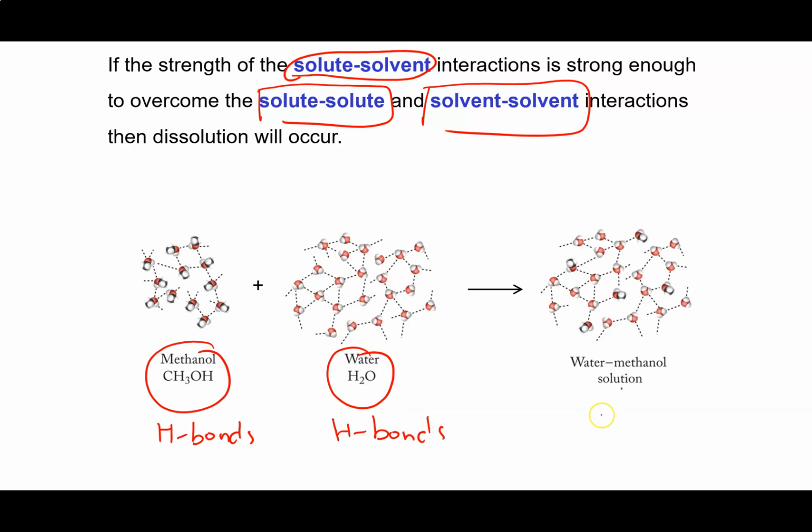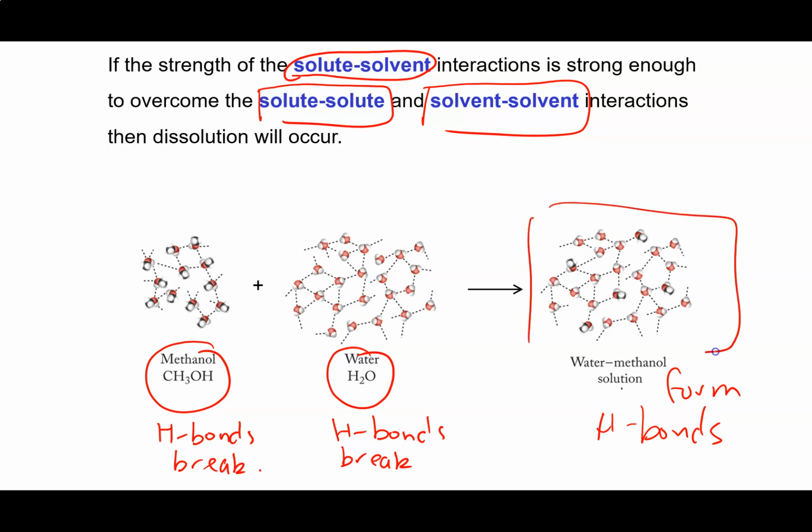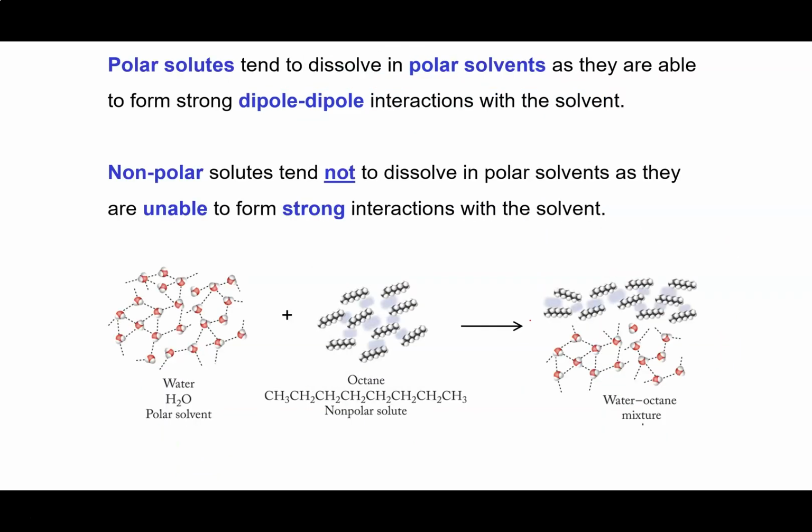But that's okay, because when I form my solution, I will form a whole bunch more new hydrogen bonds, right? So the bonds that I'm breaking are similar to the new bonds that I'm forming, and as a result, methanol has good solubility in water.